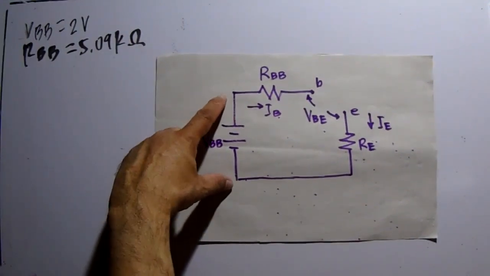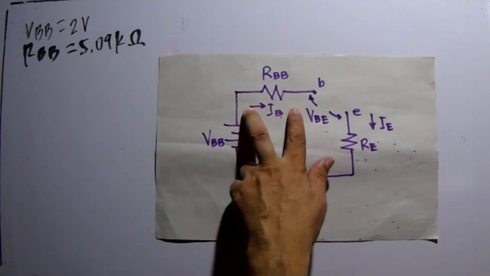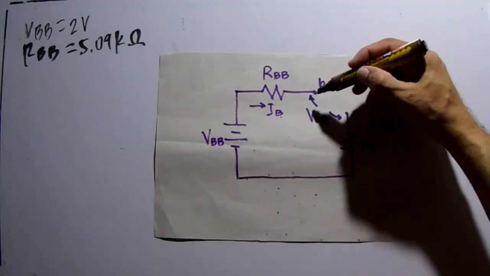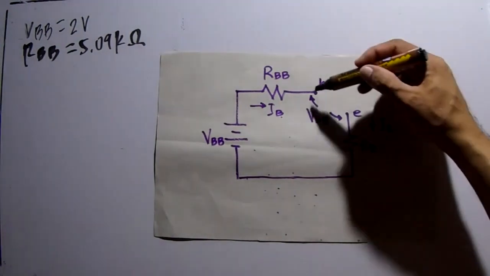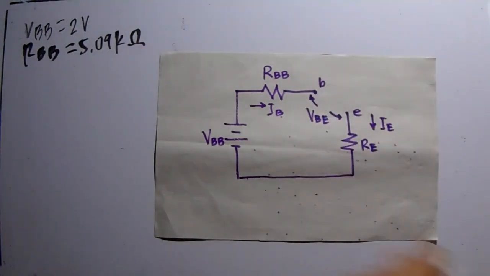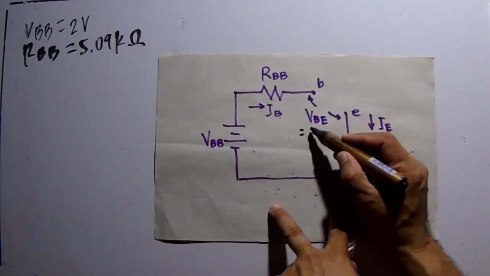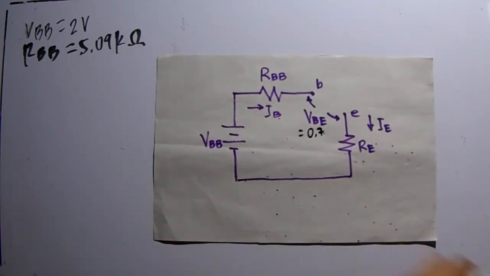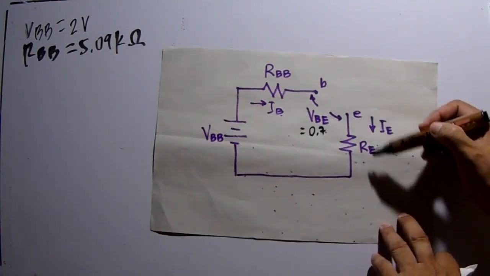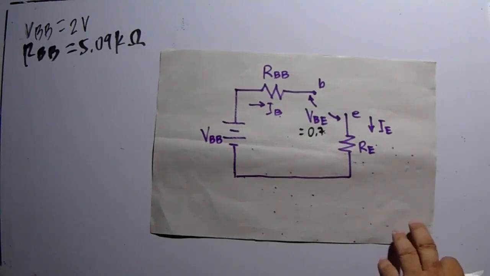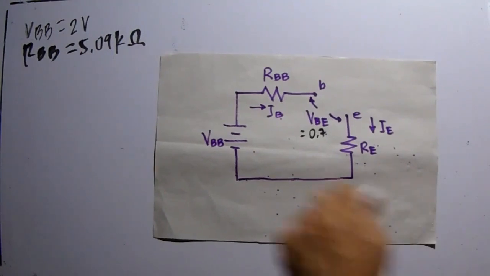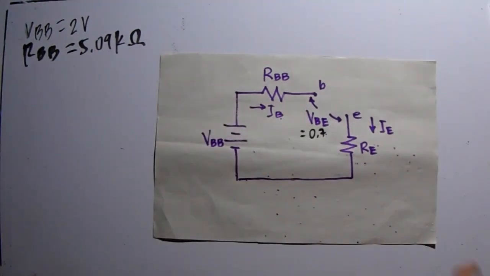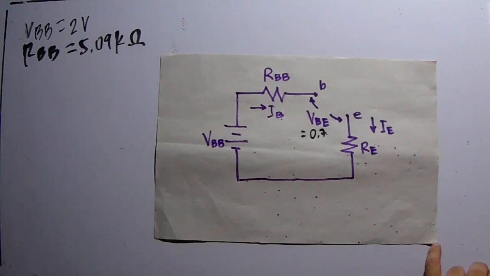At the base, we have VBB in series with RBB, and this is our base emitter junction with a voltage VBE, and VBE is equal to 0.7 for silicon transistors, and RE, or the emitter resistor. The current that flows here is IE, and the current that flows through RBB is IB.